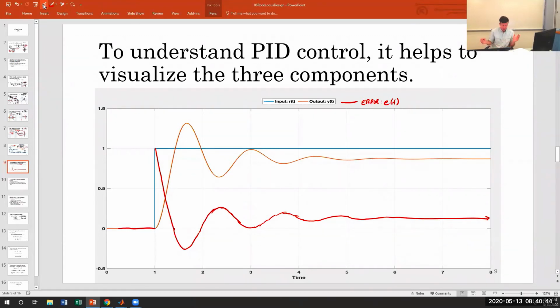And in a simple system, acting proportional to the error, so with just proportional control, that can be fine. In particular, if the output is too low, the signal to the actuator is large. If the output is too high, the signal to the actuator is negative. So it tries to bring it back. This is the essence of feedback control.